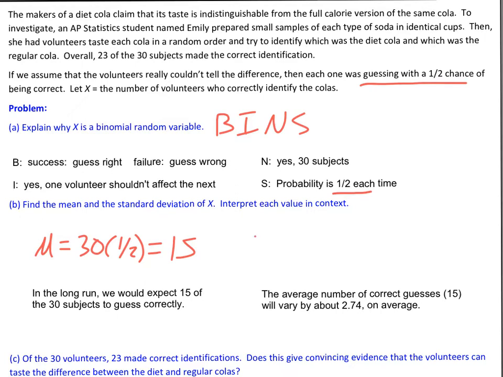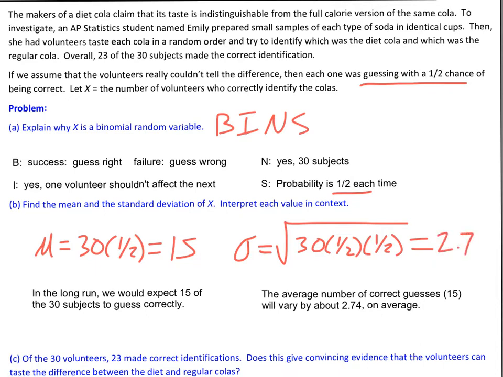Now, if they are guessing, the number of correct guesses is going to vary. So the standard deviation is the square root of n times p times 1 minus p, which is still just also a half, and you get about 2.74.